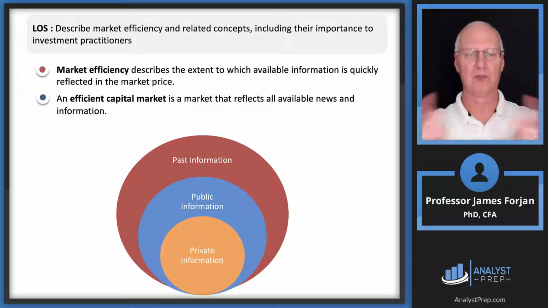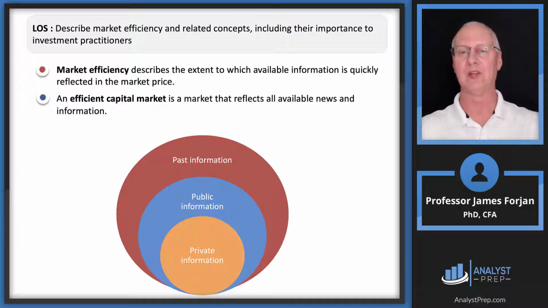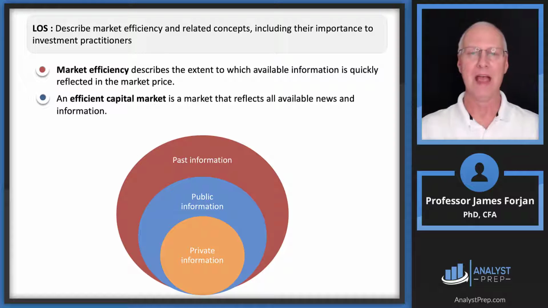So notice in the red there, we have past or historical information. All right, so the first level of information is based on past information. And then what we do is we keep on expanding it. We say all publicly available information, which are things like dividends and mergers and acquisitions and inflation.